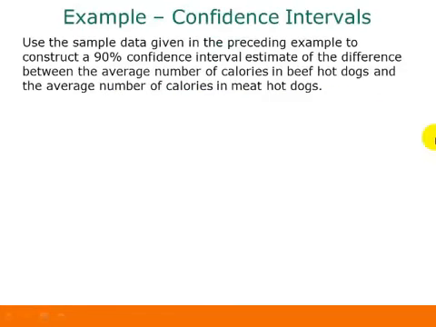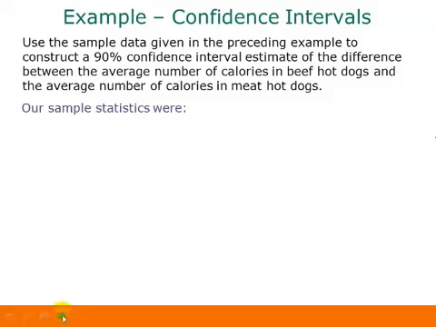So let's look at an example of constructing a confidence interval for the difference of 2 means. So we're going to use the same sample data that we used in the hot dog example, and we're going to use that to construct a 90% confidence interval estimate of the difference between the average number of calories in beef hot dogs and the average number of calories in meat hot dogs.